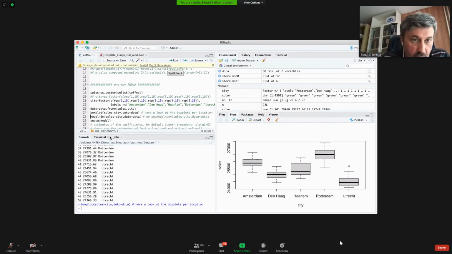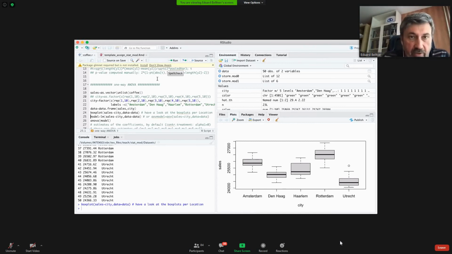The data should contain these 2 columns, the first column sales and the second column city. And sales is just a numerical vector and city is a factor. You have to make it a factor vector, okay? Otherwise it could be numerical. You need to insist on that beforehand so that you know for sure that ANOVA will be applied.